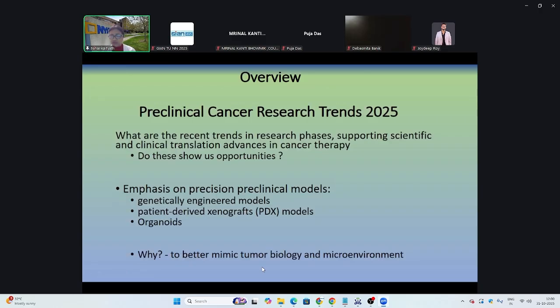What would be nice is to have a customized and personalized xenograft model. That means there is a patient today who is in a certain stage of cancer, and the patient's tumor cells are taken, and those tumor cells are then grown a little bit more in the lab, and then they are put into the mice.